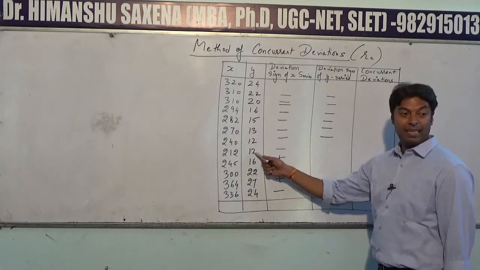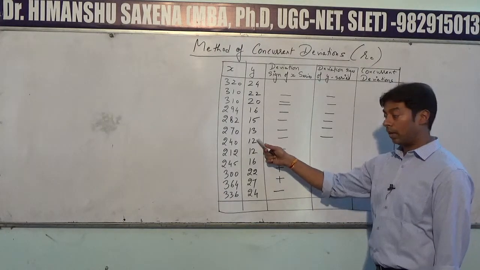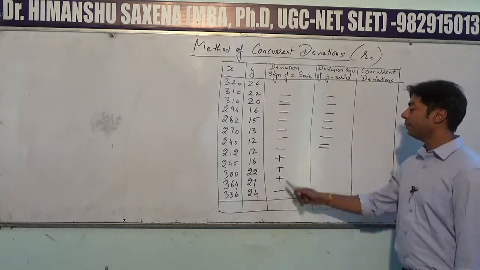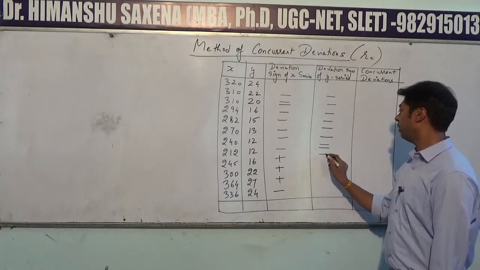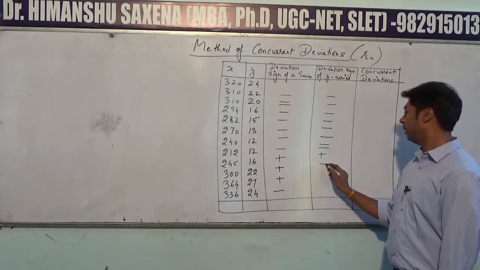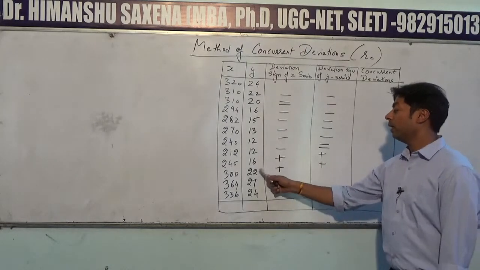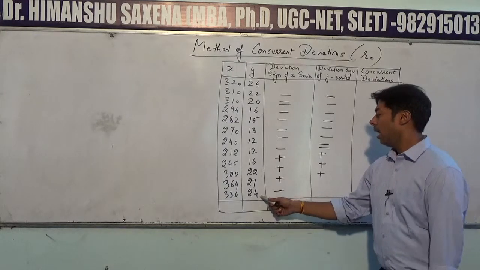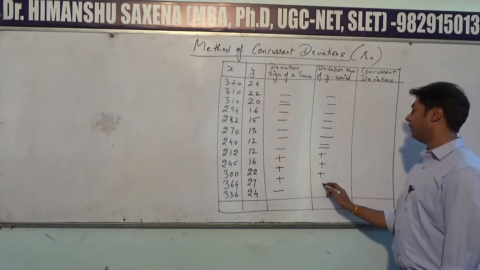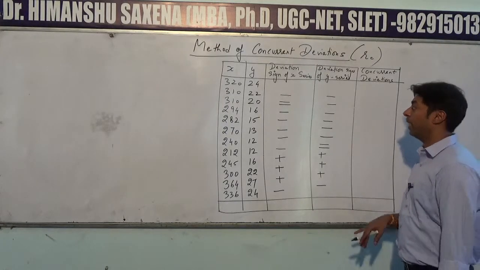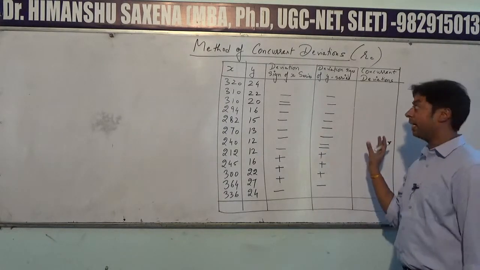This 12 is exactly equal to its above number, so there will be an equality sign. 16 is greater than 12, it will be positive. 22 is greater than 16, again positive. 27 is greater than 22, positive value. And 24 is less than 27, so this is a negative place. So we have assigned the signs.